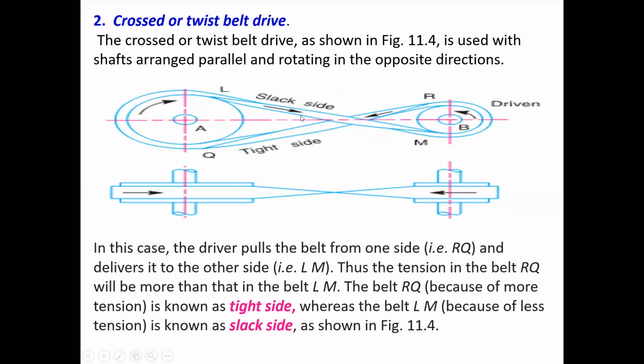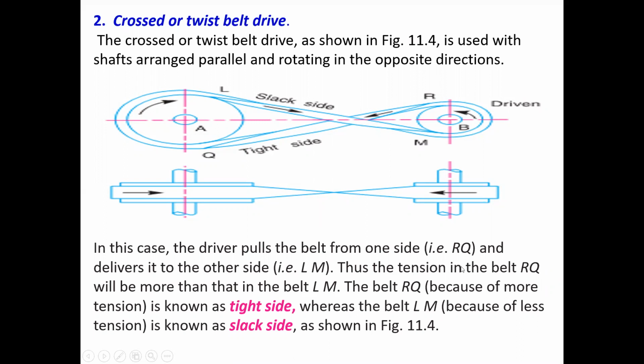In this, regarding the tight side and slack side, all of you observe that the tension in the belt RQ will be more than that of the belt LM.